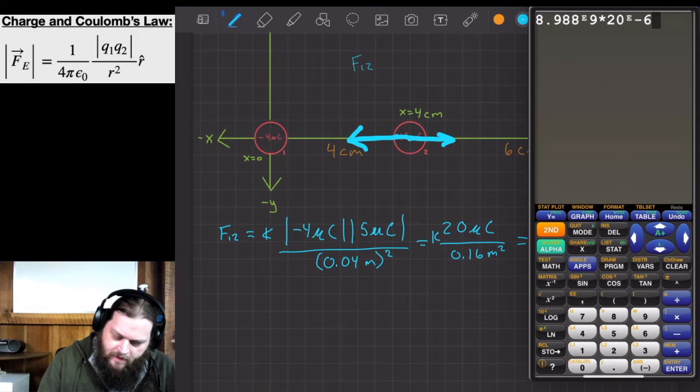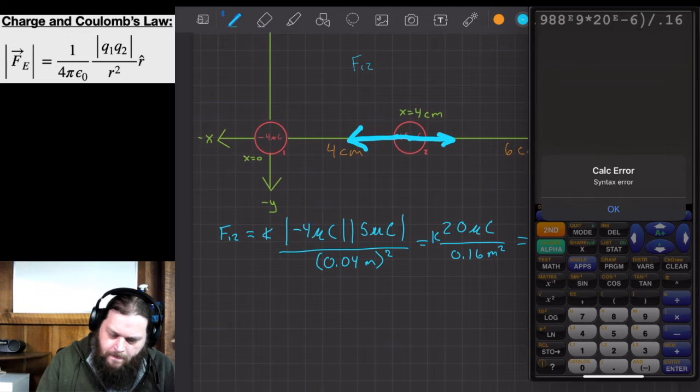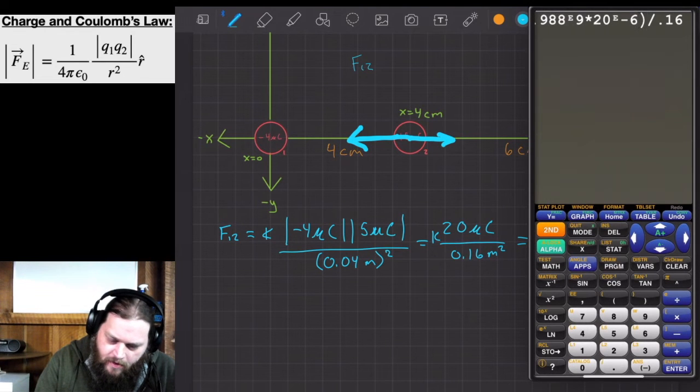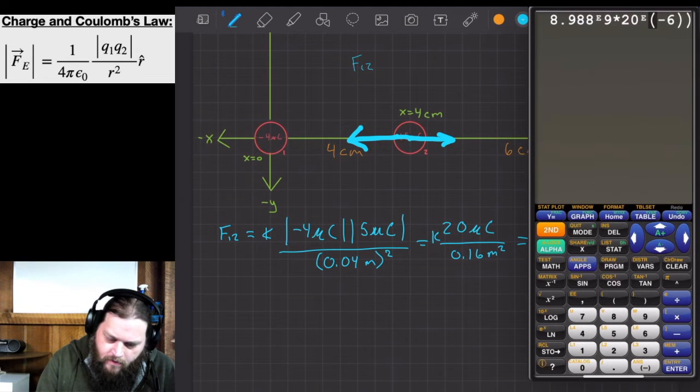And we're going to take that whole value, forget my parenthesis at the beginning, and divide that by 0.16 meters squared. And what did I screw up on? Do I need a parenthesis here? No.